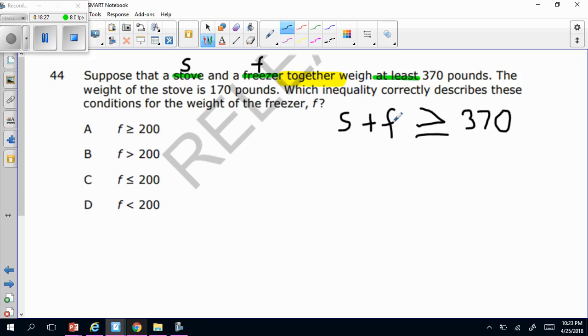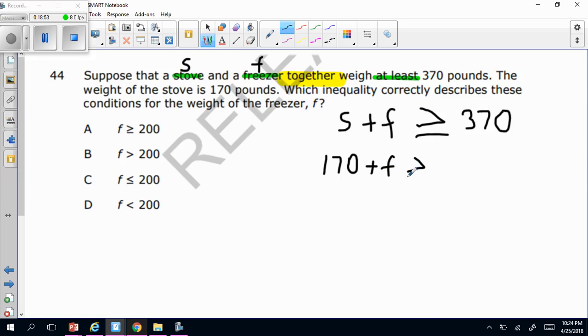So we know the answer for the stove is going to be 170. So we're going to replace S with 170. Now, we don't know our freezer, so we're going to still leave that as F. Now, our sign's still the same.